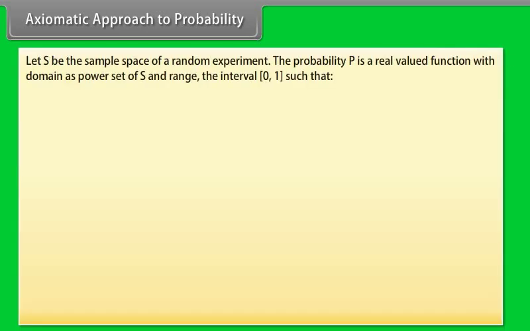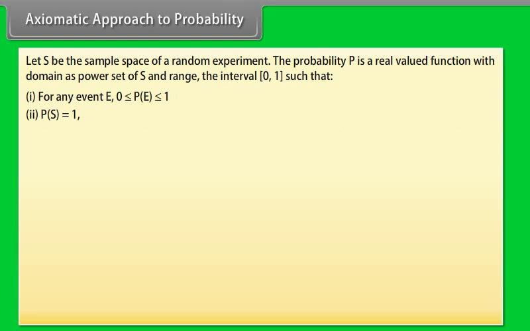Axiomatic approach to probability. Let S be the sample space of a random experiment. The probability P is a real-valued function with domain as power set of S and range the interval 0, 1, such that 1. For any event E, 0 less than or equal to P of E less than or equal to 1. 2. P of S is equal to 1.